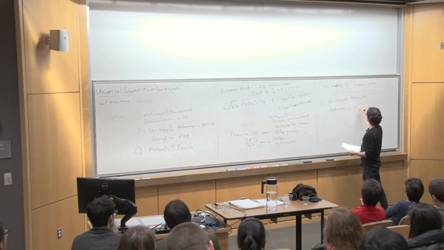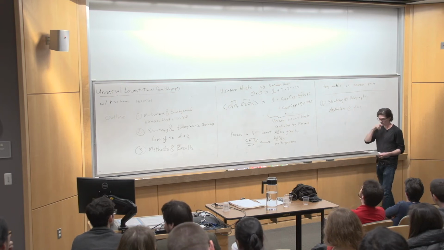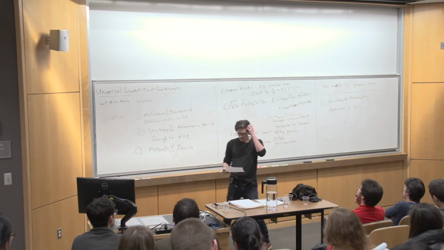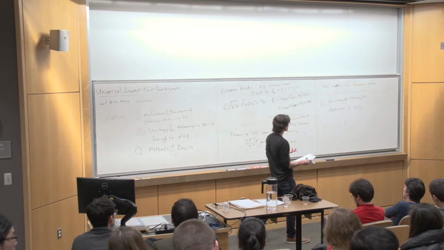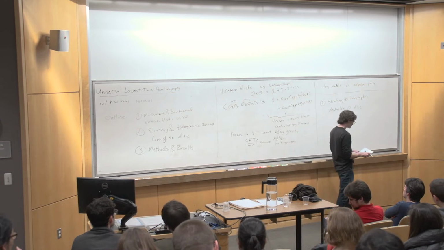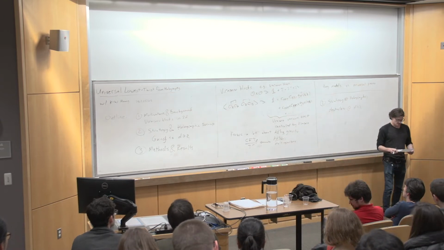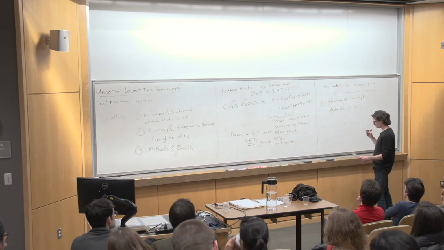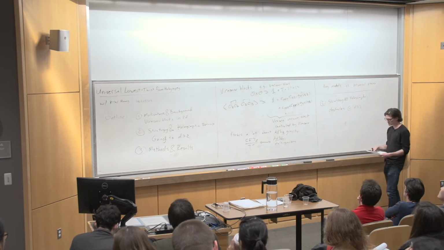There are just a bunch of obstacles in D greater than 2. The first thing you have to do, since you don't have the Virasoro algebra, is decide what you should even mean by the Virasoro vacuum block in higher dimensions.